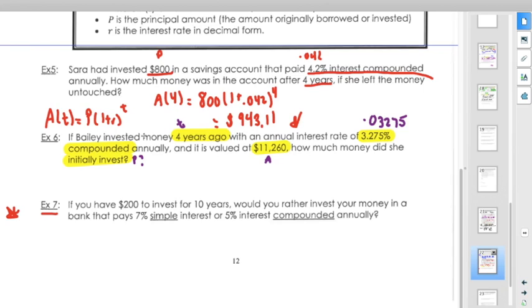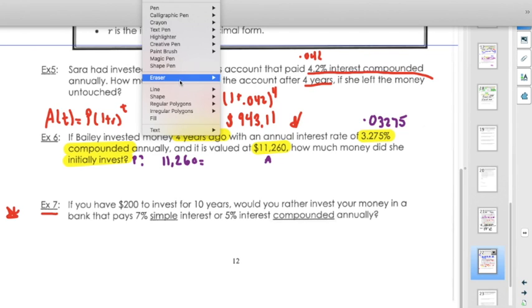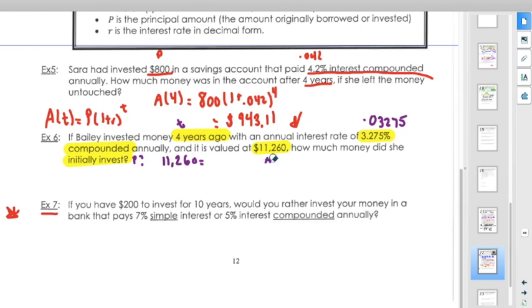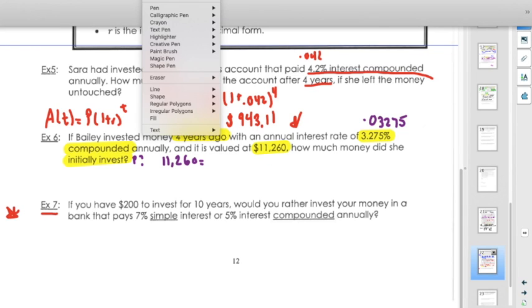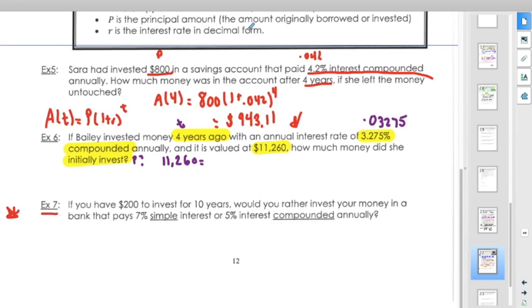We know A is going to be 11,260 equals. What's it going to equal? P times 1 plus R to the T power. Well, we don't know what P is, so that's going to stay P. 1 plus 0.03275. And we know T is 4 years, so raised to the 4th power.